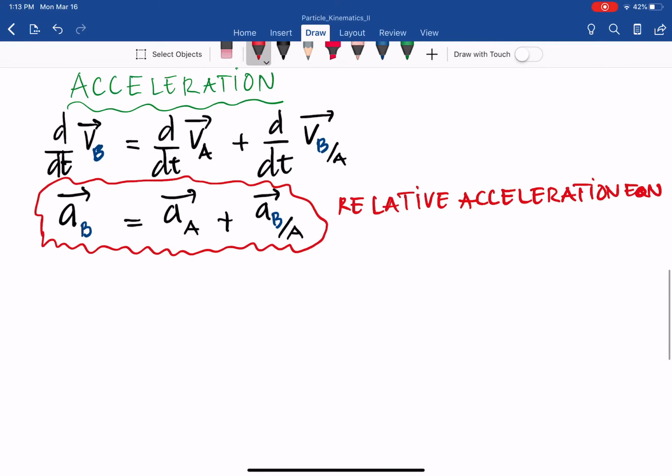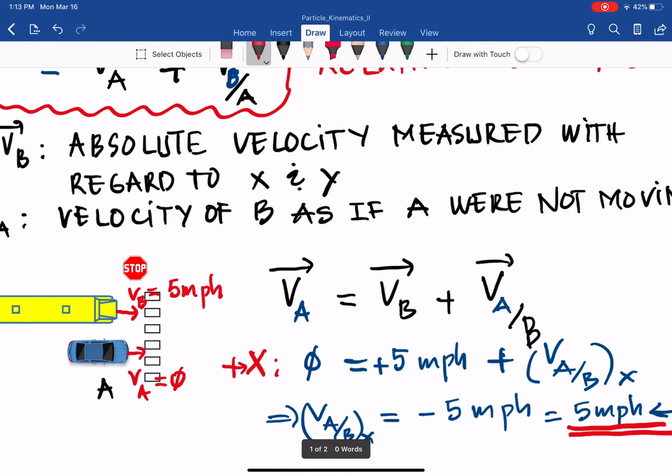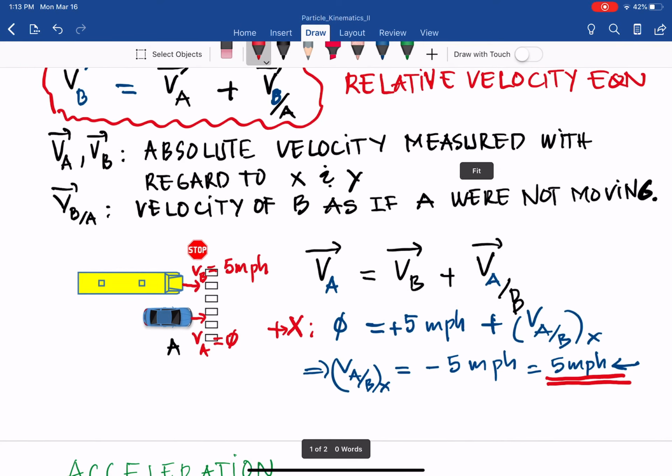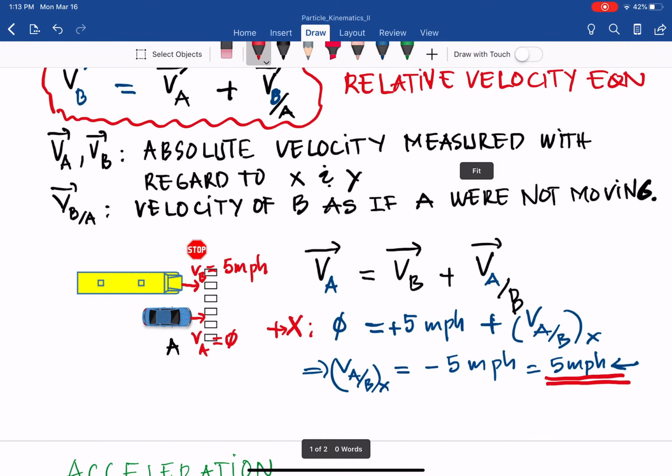It's very important. So what are A_A, A_B, and A_B relative to A? Similar to what we learned in the velocity, the definitions of V_A, V_B, and V_B relative to A, we have the same here.